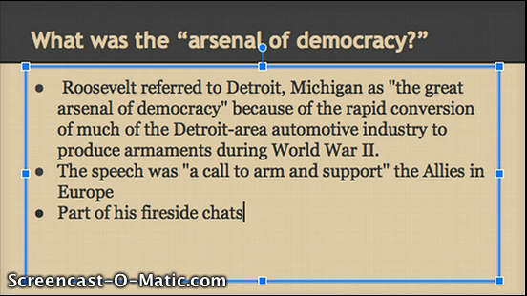So using this tool, he did the fireside chats to help calm down Americans in the midst of all the chaos and war, and it made him seem approachable and personable. So the arsenal of democracy was FDR referring to the U.S. factories because they had to produce war goods for the government, and it encouraged really rapid production. So it was just the U.S. helping out other countries for the good old-fashioned democracy.